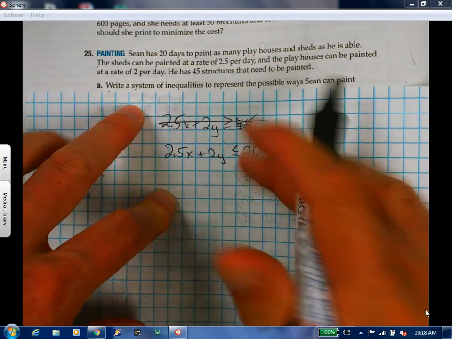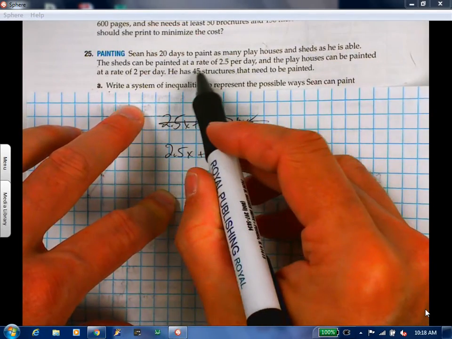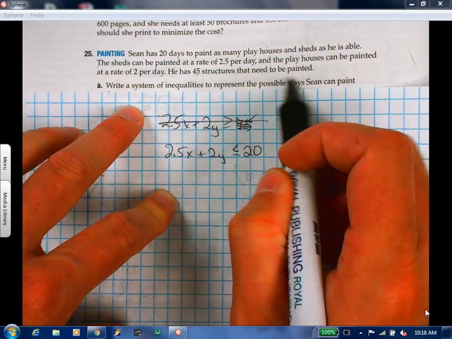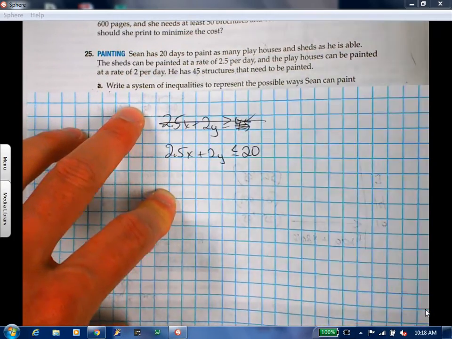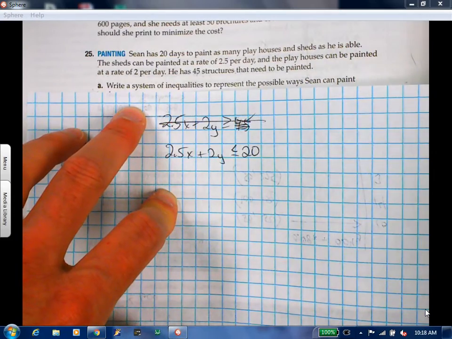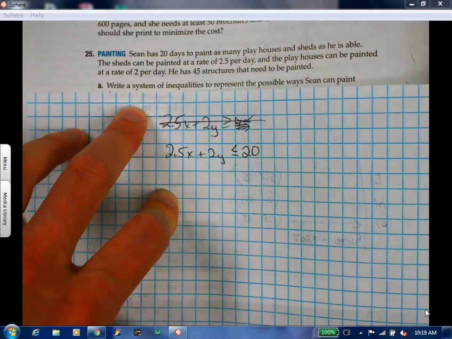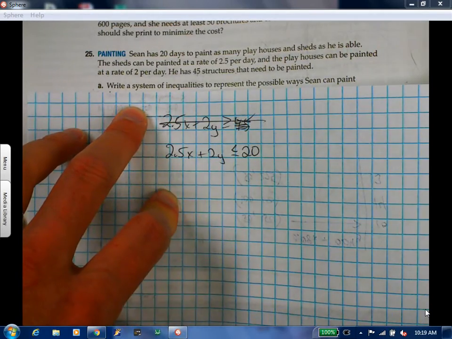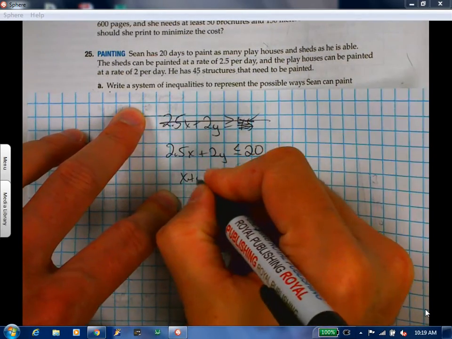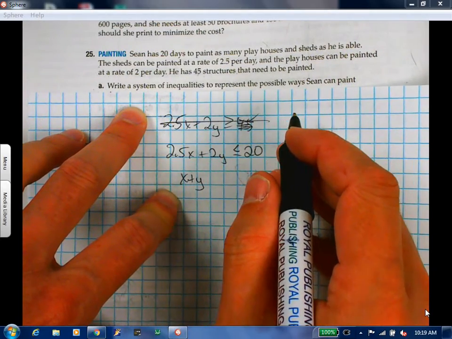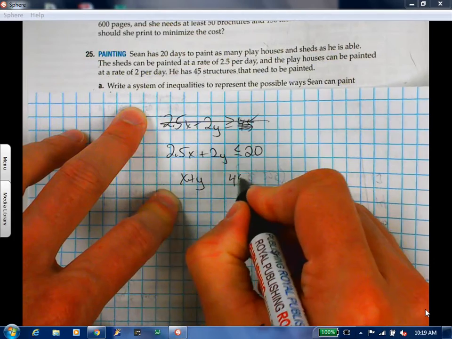Now, we do need to use this 45. So 45 structures that need to be made. Think back, what does X represent? The number of sheds, actual sheds, right? The structure. Michaela, say it. Because he has to do 45 of them.